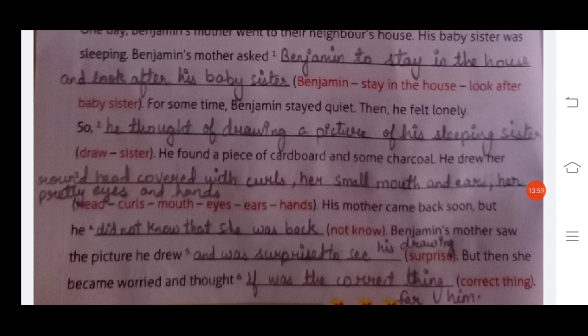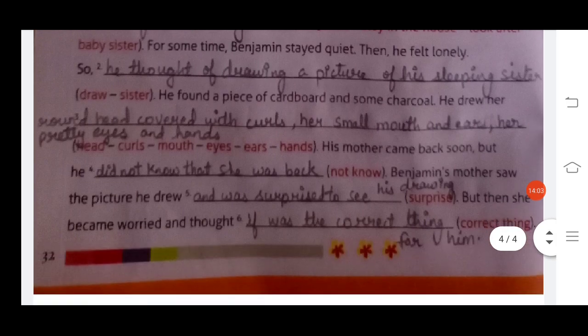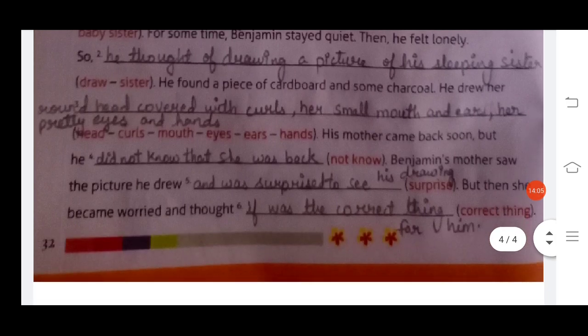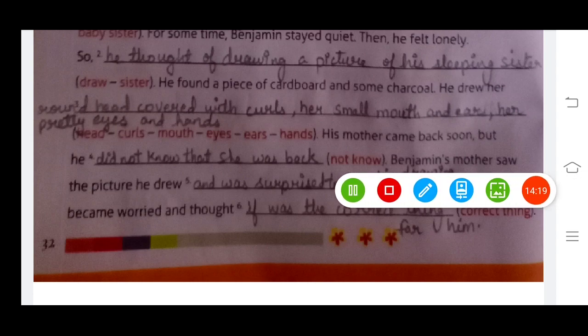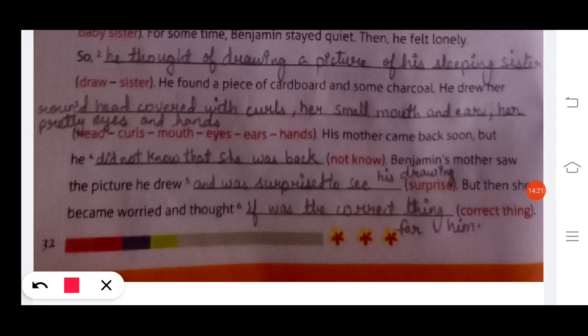But then she became worried and thought it was the correct thing for him. So children, please do the correction. One thing is there, and thought it was the correct thing for him.